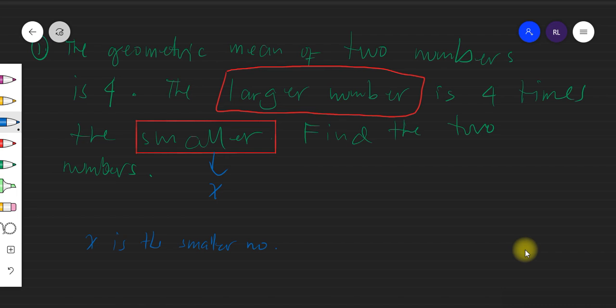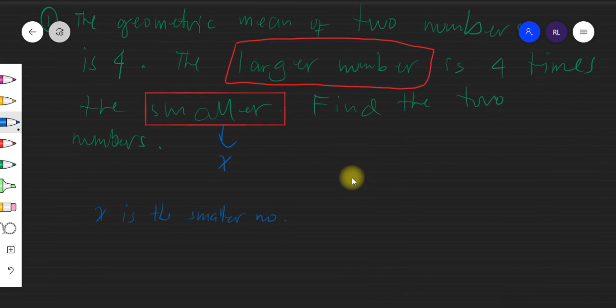It says here the larger number is 4 times the smaller. What is the smaller? That's x. So it's like saying that the larger number is 4 times the x. Therefore, our larger number is 4x.